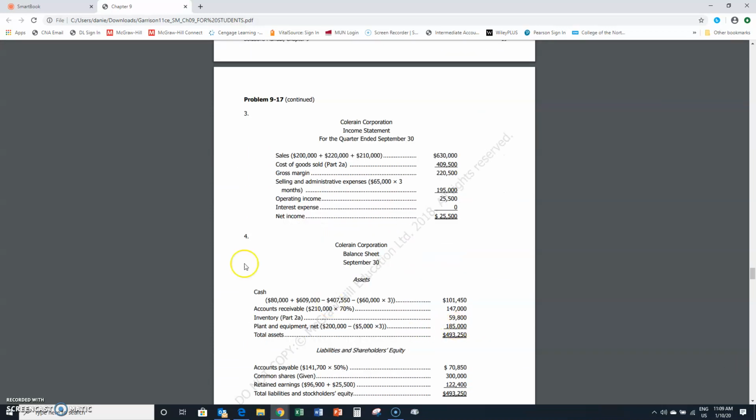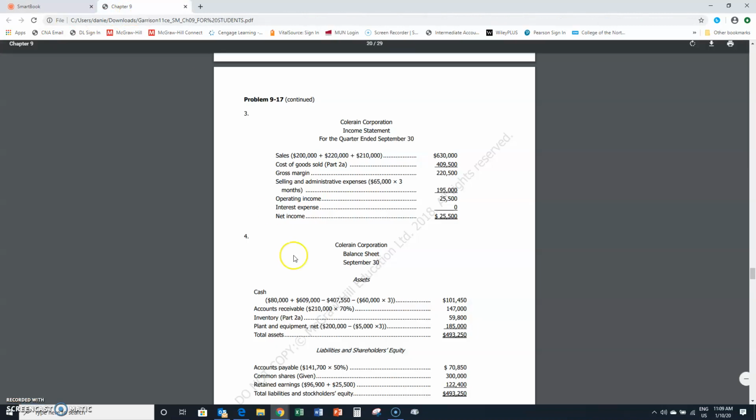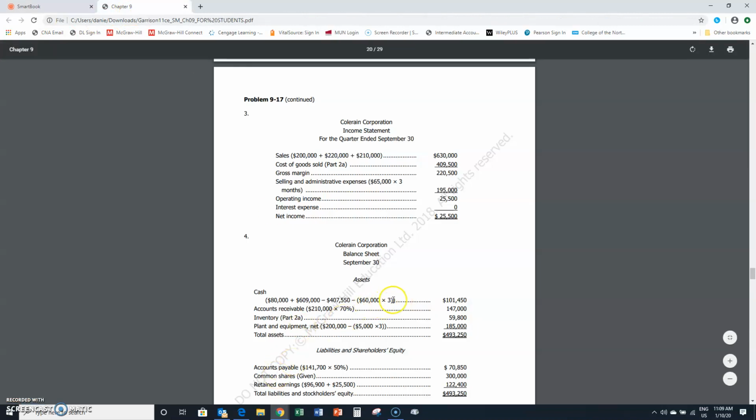And we're also told that of that monthly selling and admin expenses, it says $65,000, but $5,000 was non-cash. It's depreciation. So $60,000 of that is cash that will be going out. So $60,000 for each month for 3 months.